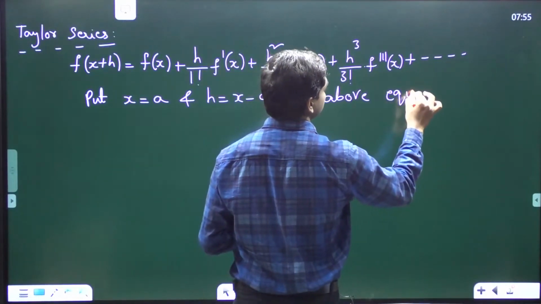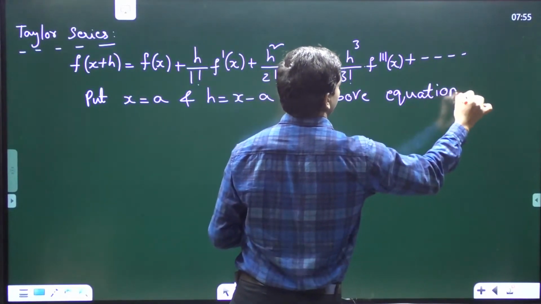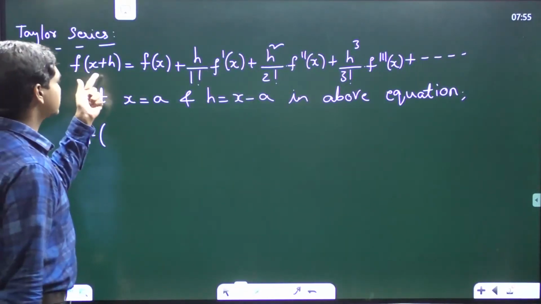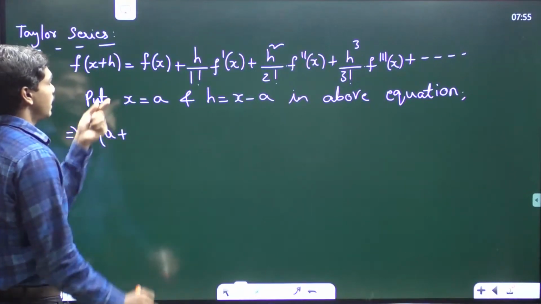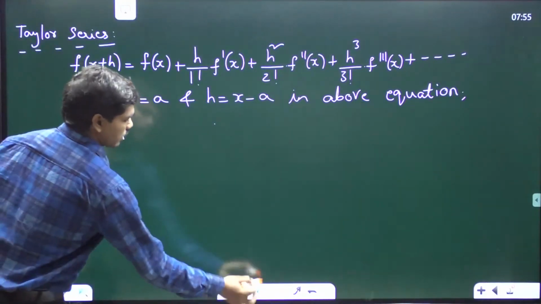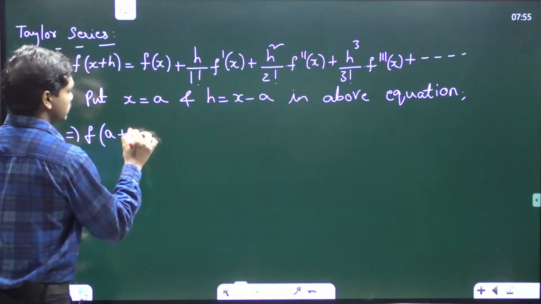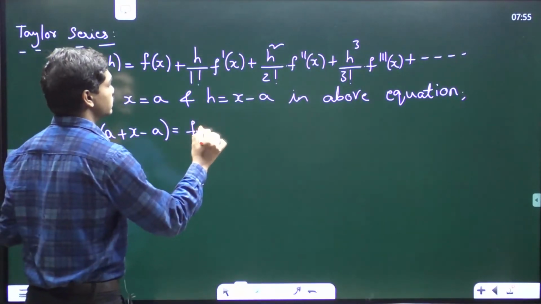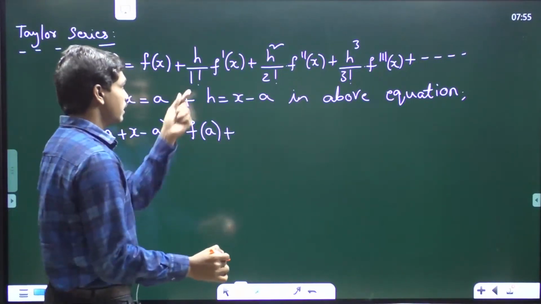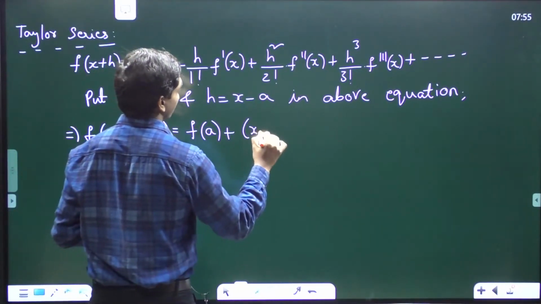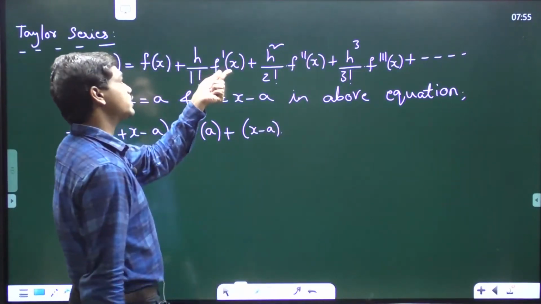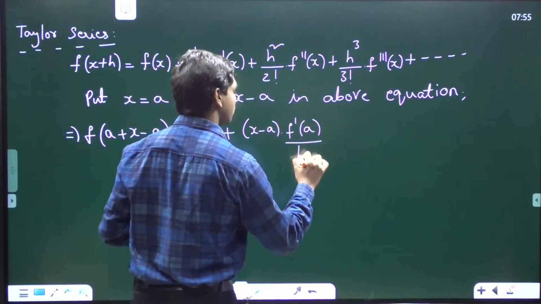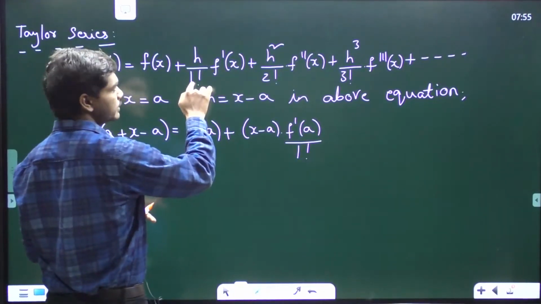In the above equation, look here carefully, if I am replacing x with a and h with x minus a, then here there is f of x. So the series is f of x can be written as f of a plus x minus a into f dash of a by 1 factorial, because this 1 factorial which is in division here can be written here.